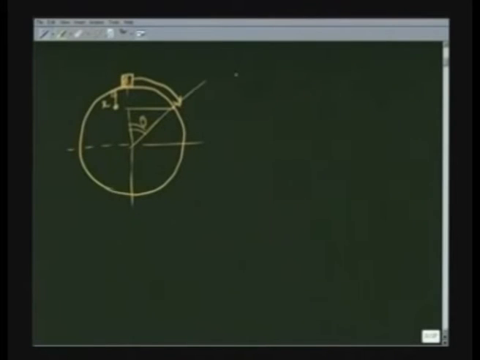So, in this case I know at this point it requires a centripetal force to go over a circular path. So, at this point the forces on this are mg in this direction and the normal reaction in this direction. The component of mg towards the center gives it the centripetal force, and therefore, if this angle is theta, so is this, you have mg cosine theta minus N is equal to m v square over r.